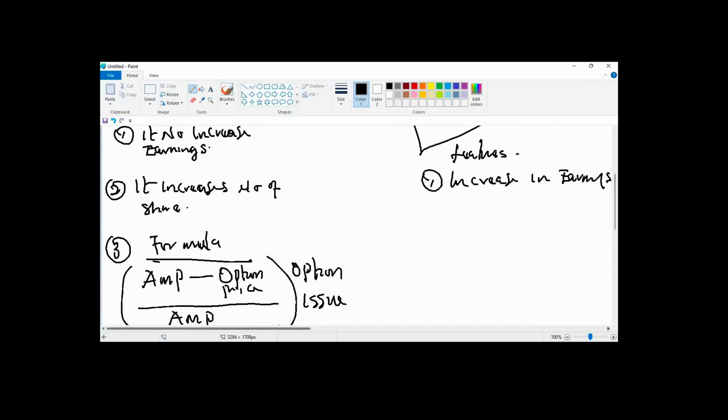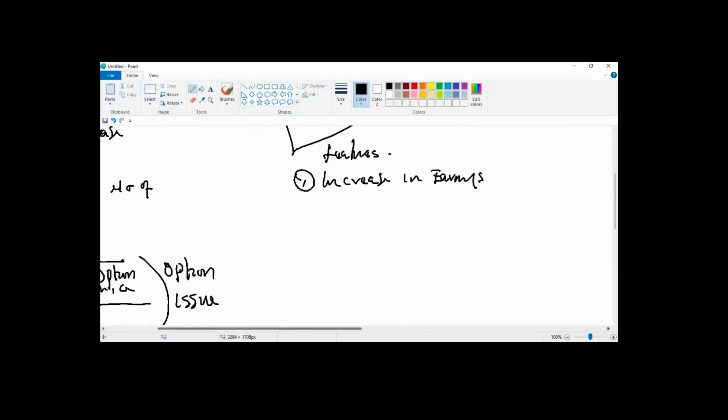Two, it will increase the number of shares. Three, I will always test for dilution.